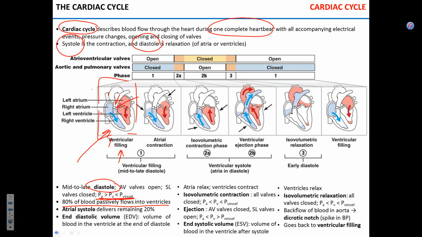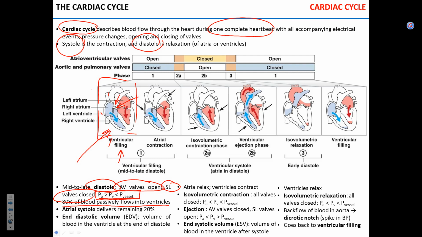Does that make sense? So at this point, ventricular pressure is the lowest. And we need to focus on these three. So ventricular pressure is the lowest. AV valves are open. SL valves, semilunar valves, are closed. Blood passively flows into the ventricles.